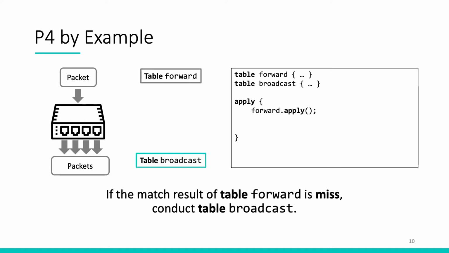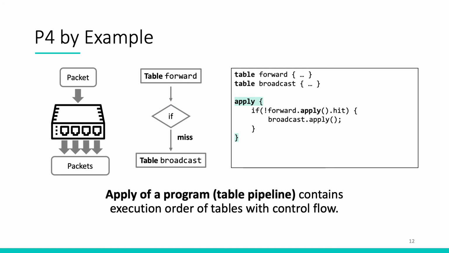Then the programmer writes the definition of table broadcast and combines the table broadcast call into the control flow. If the result of table forward is not hit, table broadcast will be executed. Here, apply of a P4 program contains the execution order of tables with control flow.